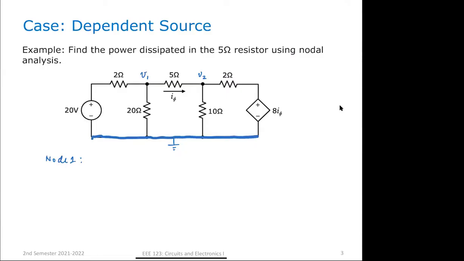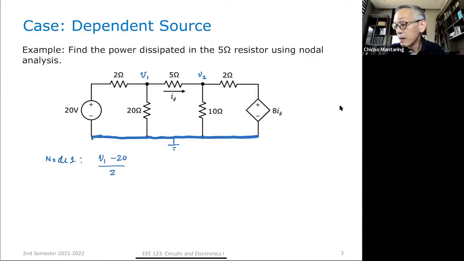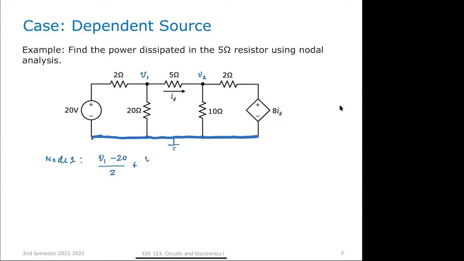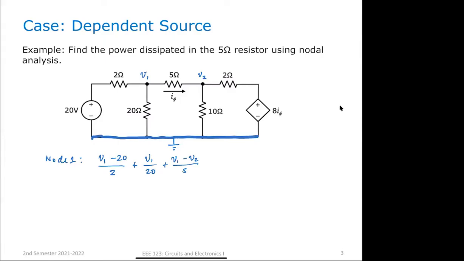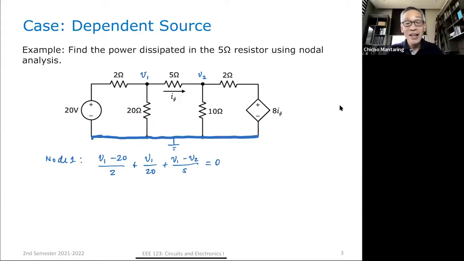For node 1: V1 minus 20 volts over 2 ohms, plus V1 over 20 ohms, plus V1 minus V2 over 5 ohms, equal to 0. That's right. That's the equation for node 1.